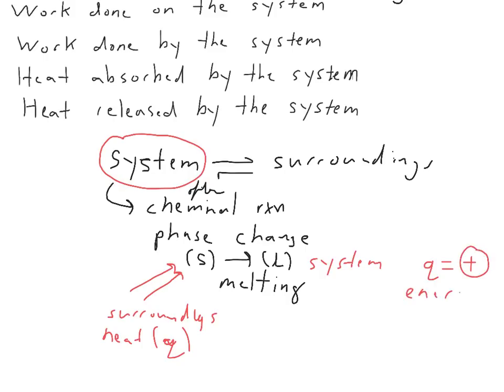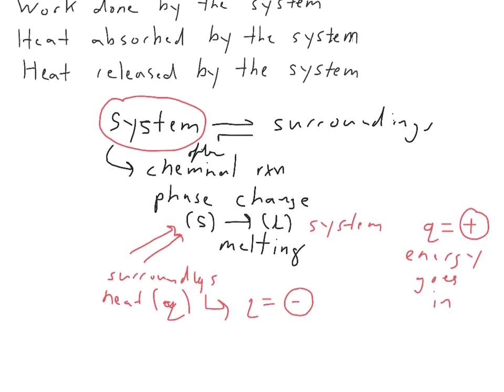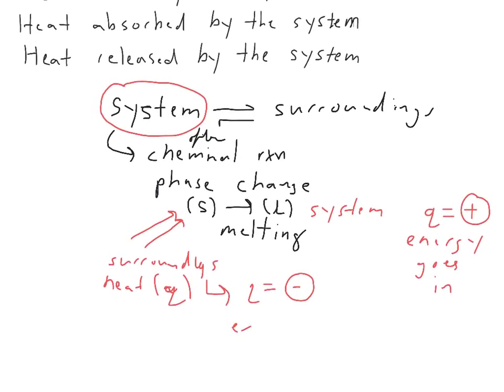Energy goes in. For the surroundings, Q is negative. Energy goes out. So energy going out of a thermodynamic entity, the sign is negative. If energy is going into the thermodynamic entity, the sign is positive.